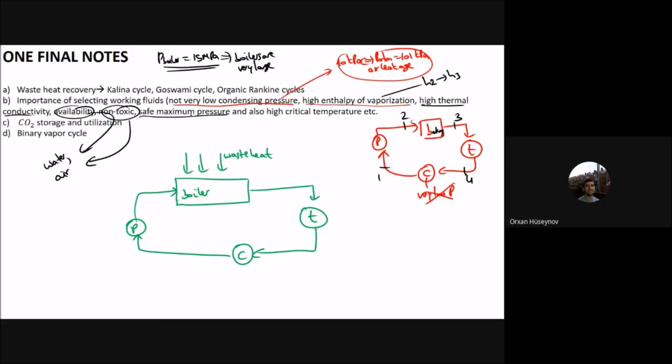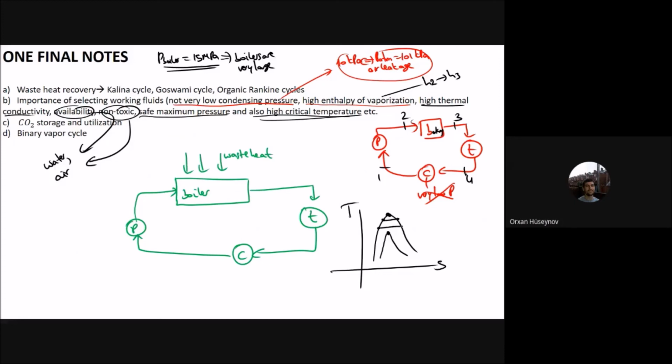And also high critical temperatures are desirable for our process here, because if you remember this TS diagram, this is the critical point. If the critical point is lower, something like this one around here, it is not desirable, because when you get closer to the critical point, the phase change gets smaller.